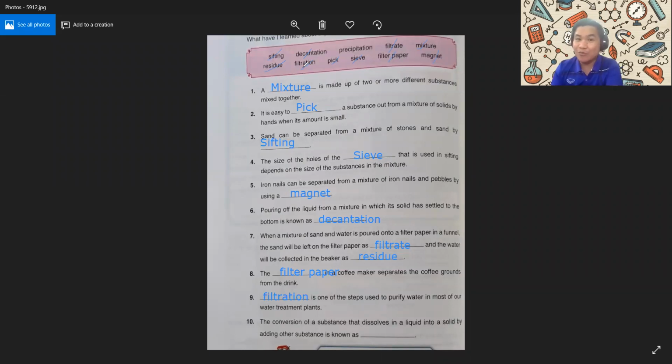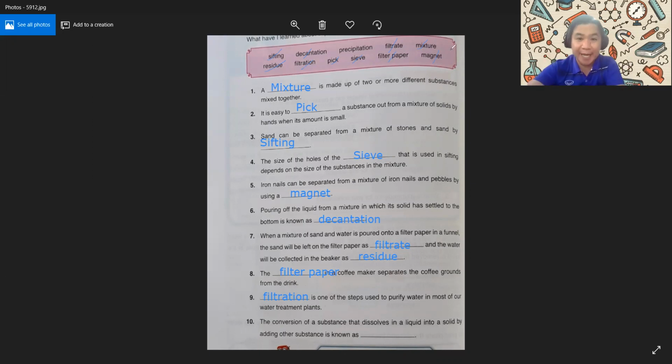However, we need to make sure that that is the correct answer. So let's read number 10. The conversion of a substance that dissolves in a liquid into a solid by adding another substance is known as, when there is a liquid mixture and we put something in it so that it separates some of the mixture into a solid form, what technique is that?